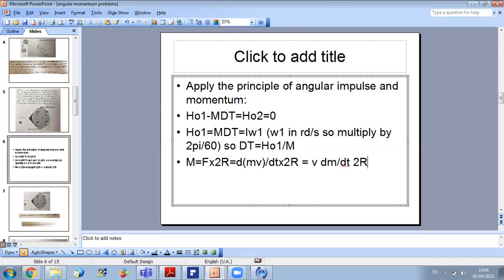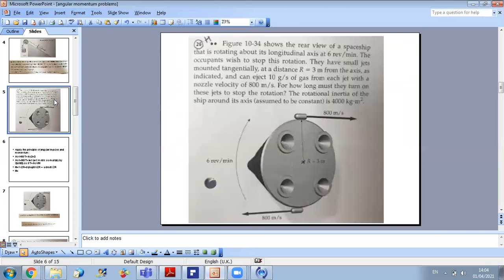Okay, now if I continue, I have the velocity given. The value of velocity is 800, so I replace it by 800, and the value of dm by dt, the mass flow rate, is 10 gram per second.